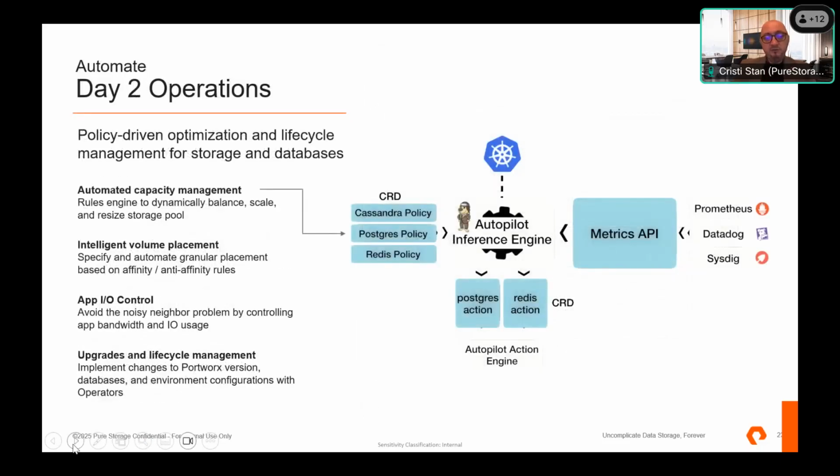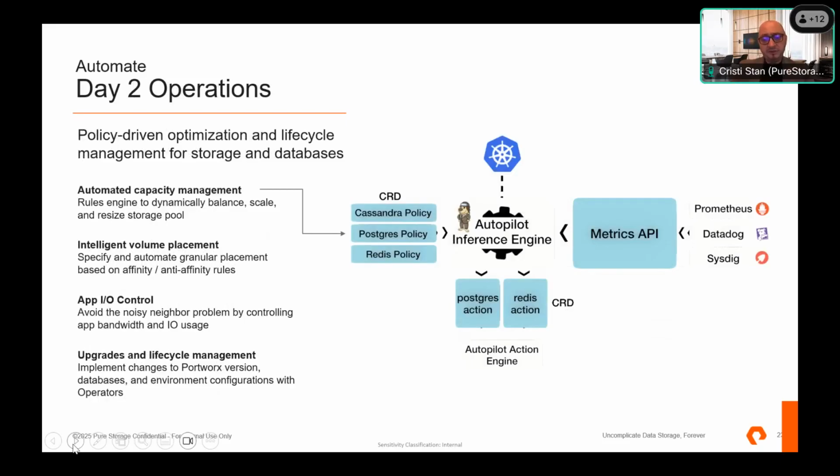If we are talking about data operations, it's about how I'm going to handle my data. So we are talking about autopilot, for example, or intelligent volume placement, like I want my volumes to be placed based on, I don't know, volume placement strategies in Kubernetes. I can build multi-availability zones. I can build, I don't know, rack distributions.